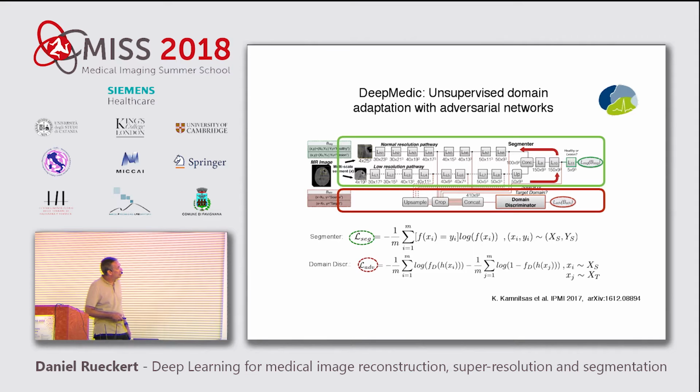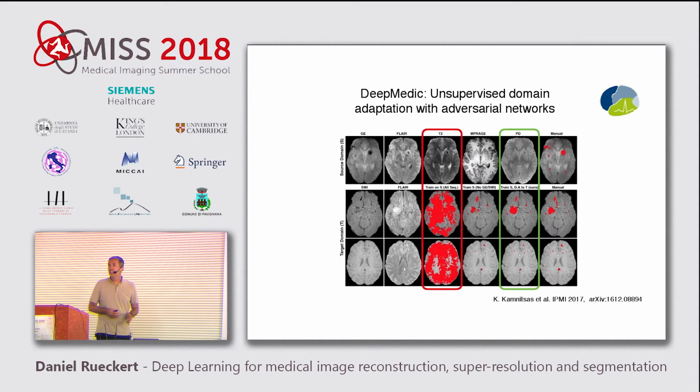And if you do this, I'll just show you an example here where we have not simulated that we have different scanners, but we have simulated that we have different imaging sequences. So in one case, the source domain, we only had, I think, a gradient echo sequence, and in the target domain we didn't have the gradient echo sequence but a susceptibility weighted imaging domain.